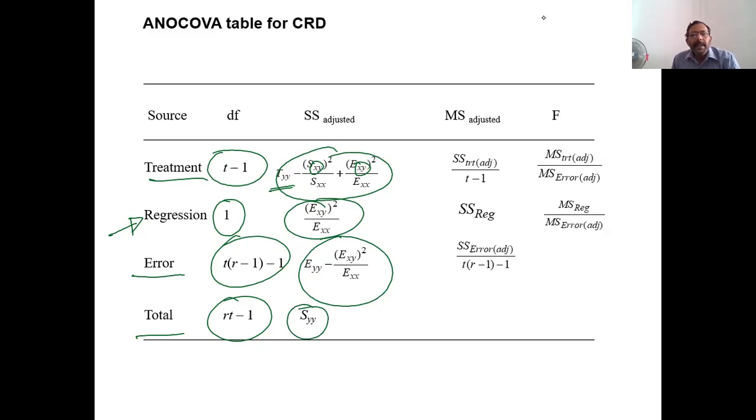Sums of square of Y. So mean squares, these are called as adjusted. Can you remember? If you don't have regression, it is called as sums of square. But we can go for sums of square adjusted here in this ANOVA. So these are mean squares for respective treatment, regression, and error. We calculate for regression as well.